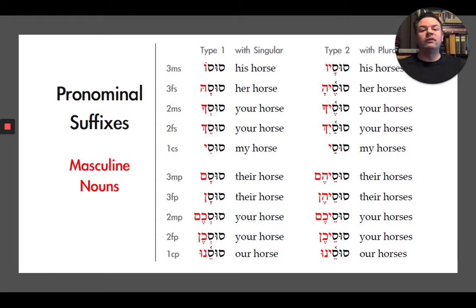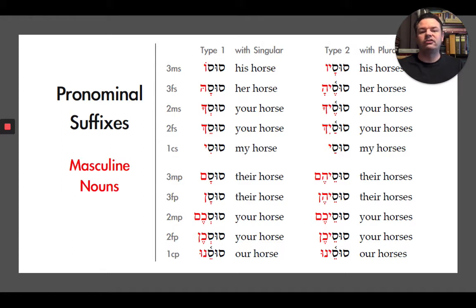So here's what it would look like. Sus-o, right, is going to be Susau, right, for his horses. Sus-o, his horse. Sus-au, his horses. Susa, right, Suska, Susake, Susi, right, so I'm just going to go down that type 1 list. Suso, his horse.